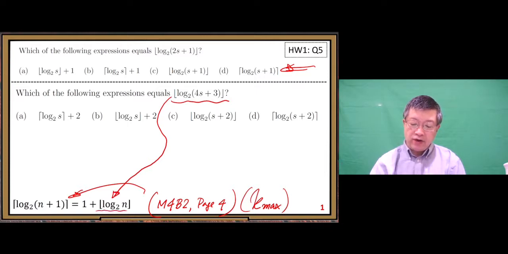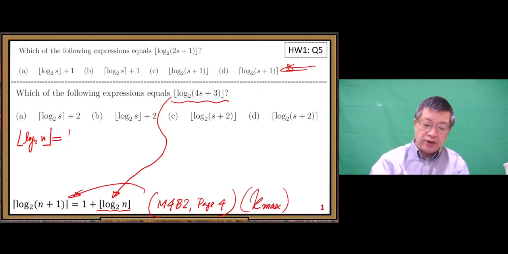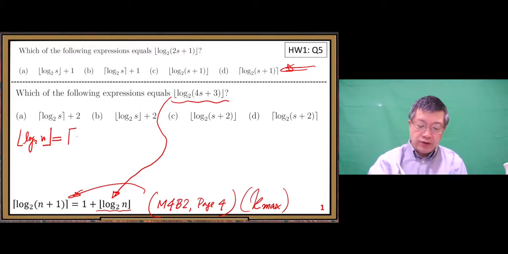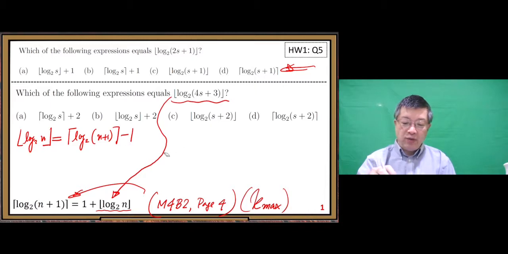So we should start with that floor function, log base 2 of n. Then based on this formula, it is the ceiling function of log base 2 of n plus 1, minus 1. So that's the formula we should use.